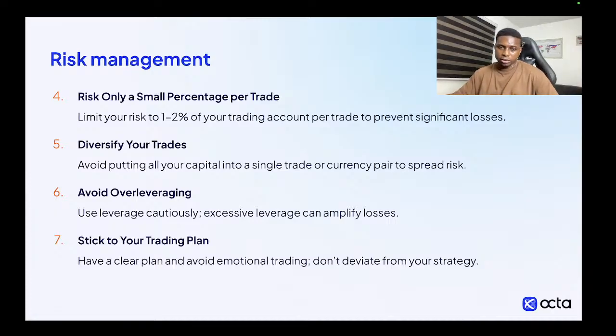You have to limit your risk to like 1% to 2% of your trading account per trade to prevent significant loss. 5, diversify your trades. Avoid putting all your capital into one single trade or currency pair. 6, avoid over leveraging. Over leveraging can amplify your loss and make your account be wiped off in a split of seconds. Also, stick to your trading plan.